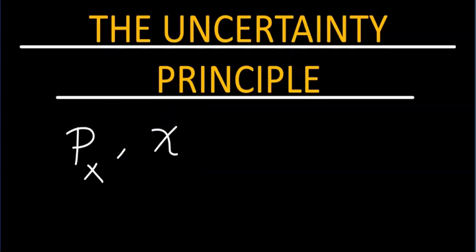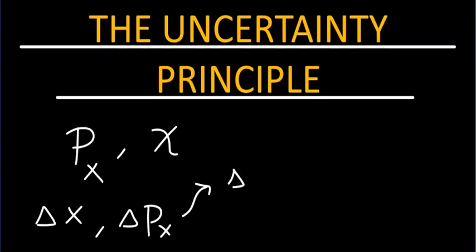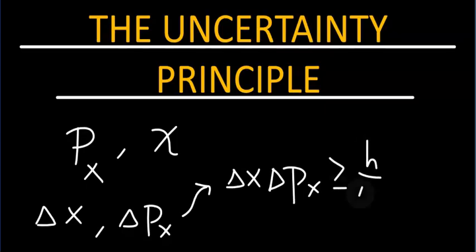Let's express this statement in a mathematical way. If a measurement of a position of a particle is made with a precision, let's say delta x, and a simultaneous measurement of linear momentum is made with a precision, let's say delta px, then the product of these uncertainties delta x and delta px can never be smaller than h over 4 pi.